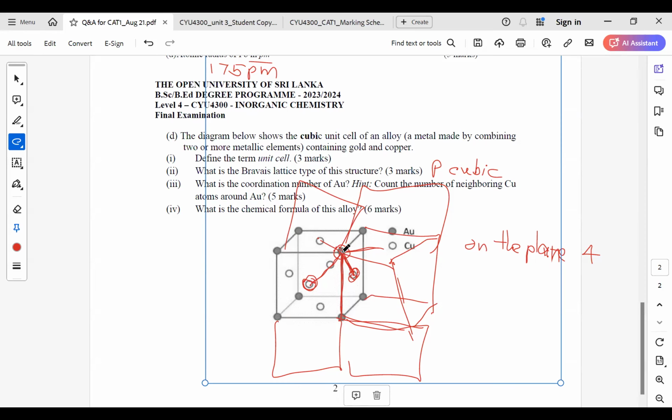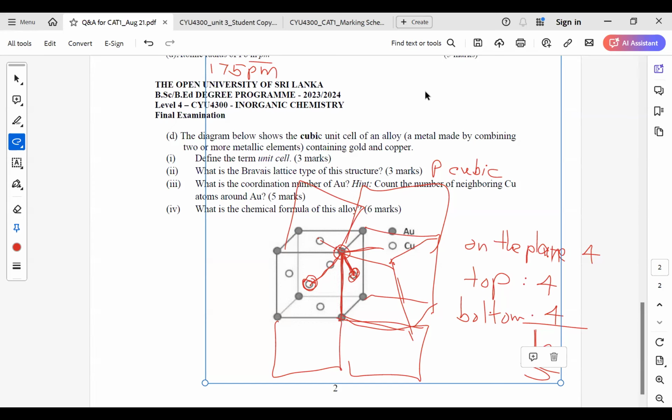And then if you think about the top of the plane, there are similar 4 copper atoms from the top 4 unit cells. So top you have 4, bottom you have 4, so altogether 12. So the coordination number of Au or gold will be 12 here, meaning there are 12 copper atoms around it.